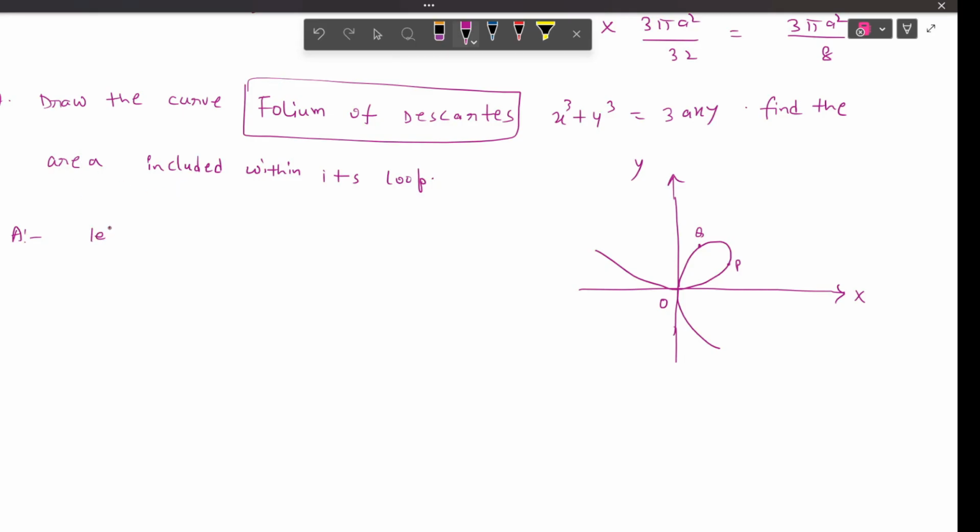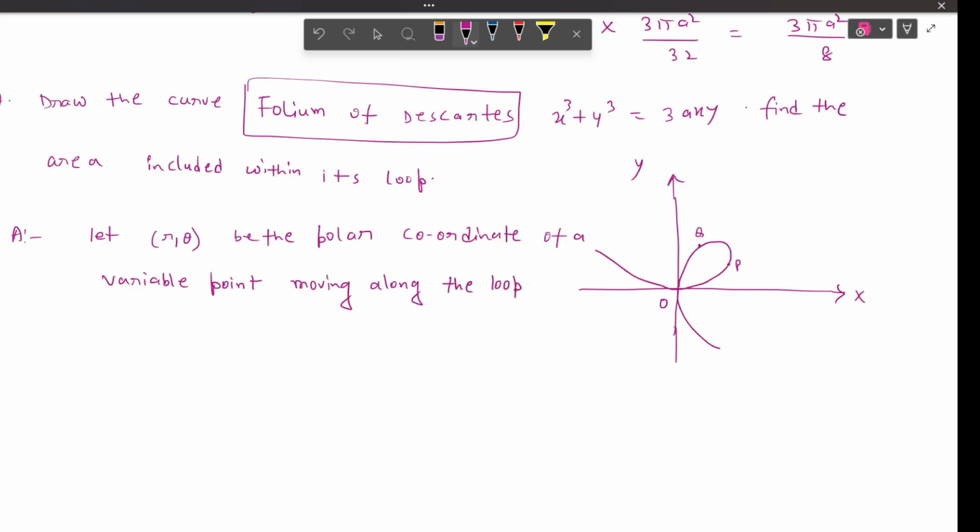So let r comma theta be the polar coordinates of a variable point moving along the loop. Okay.